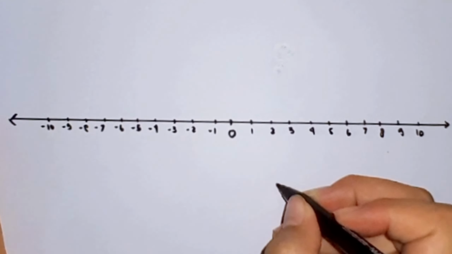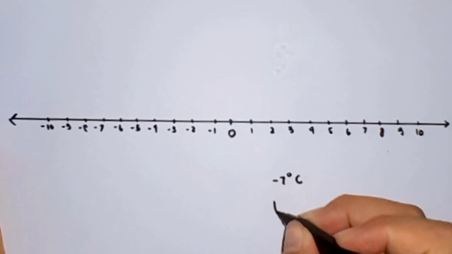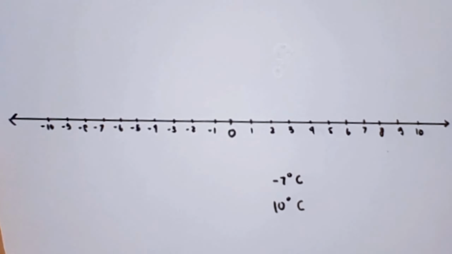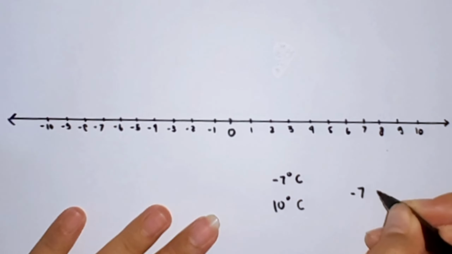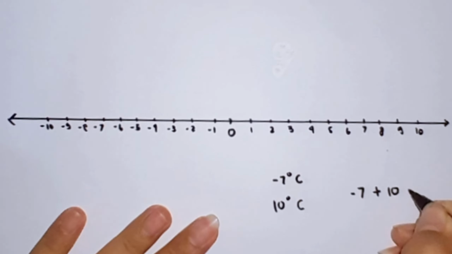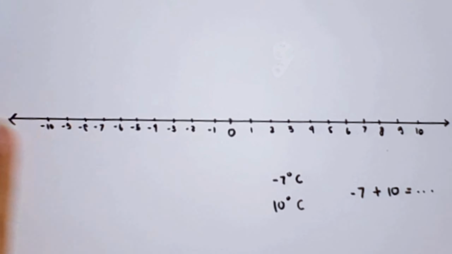Okay, to solve this problem, we can use the addition operation. To find the temperature in the morning, starting at negative 7 degrees Celsius and the temperature rises 10 degrees Celsius, we add the temperature rise to the starting temperature: negative 7 plus 10. We can also use a number line like before to solve this problem.